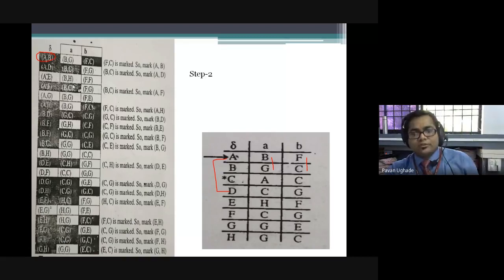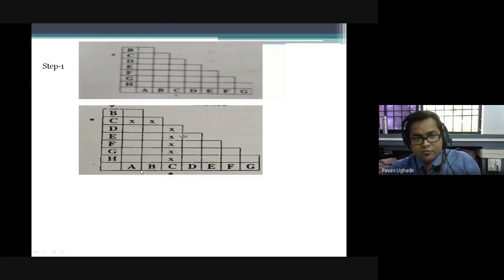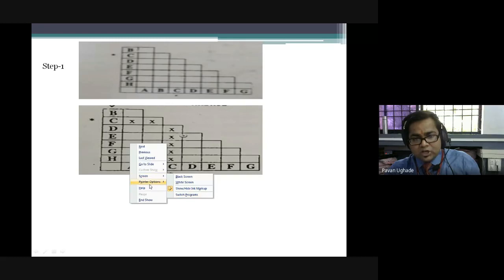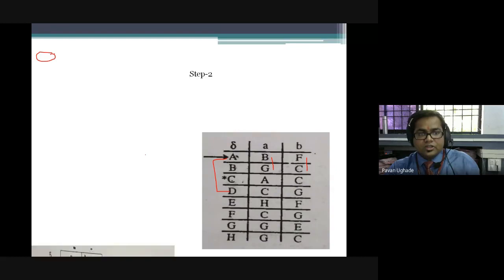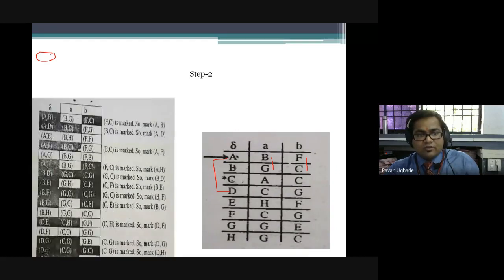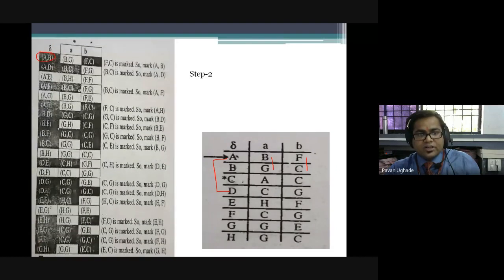So what you have to do, you have to come here in the table, and mark AB as a cross, because one entry is crossed. Understood? Because FC is already crossed in the previous step.